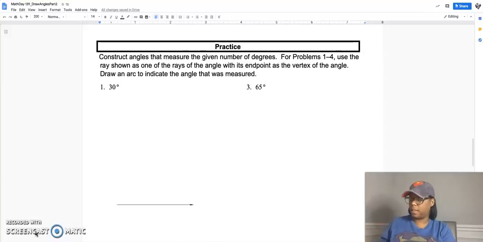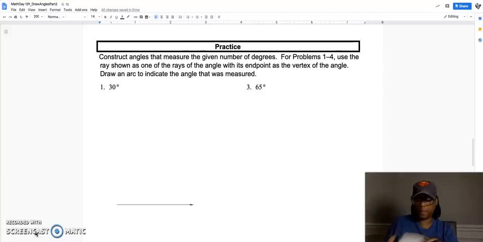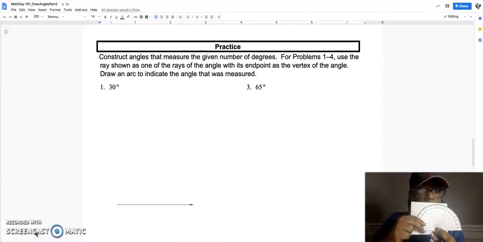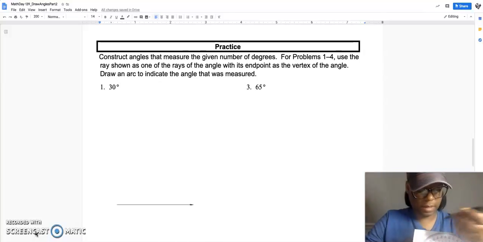Now, as I'm placing the circle right in the middle, I'm going to make sure that I make my dot at the 65-degree spot. So I want to make sure that you guys can see this. I'm going to do it right at the 65-degree spot. And my 65-degree spot is right here.